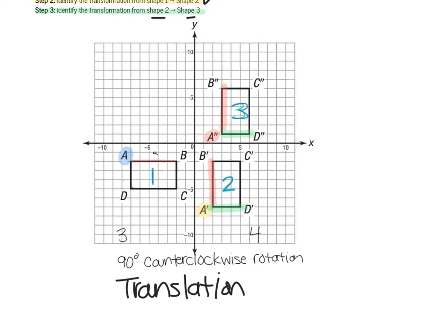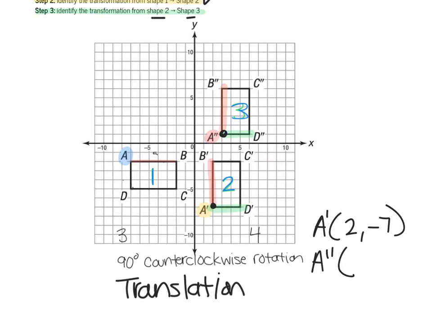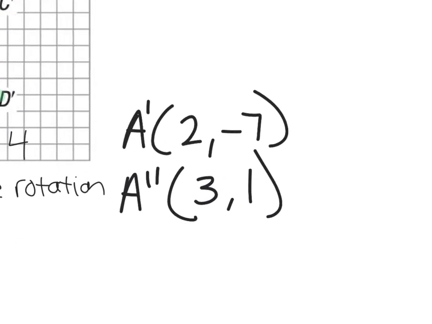Let's see, I'm going to compare point A prime to A double prime. So right now A prime is at 2, -7. And A double prime is at 3, 1. So I can go for my ordered pairs, or I can look at the graph. But let's start on the ordered pairs first.